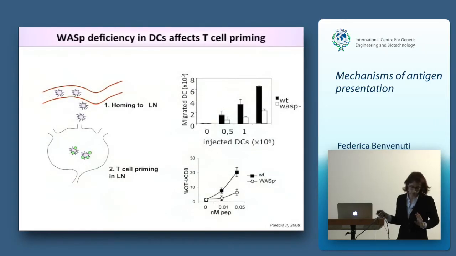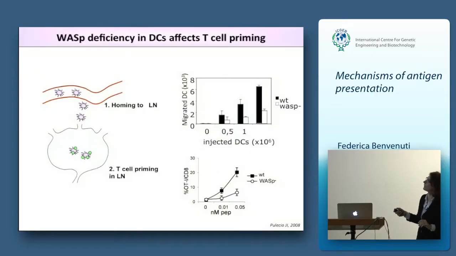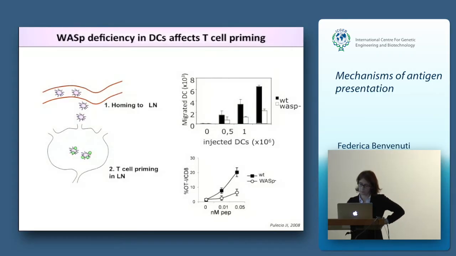I'm just summing up with this slide the experiments that we've made, to demonstrate that indeed DCs are affected in their capacity to migrate from the periphery to the lymph node when cells are WASP deficient, and T cell priming is also highly impaired when it is performed by WASP deficient dendritic cells.